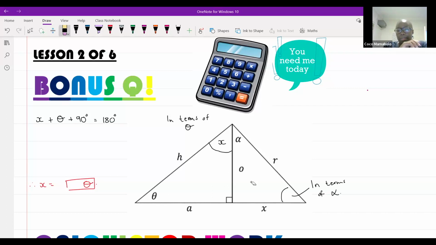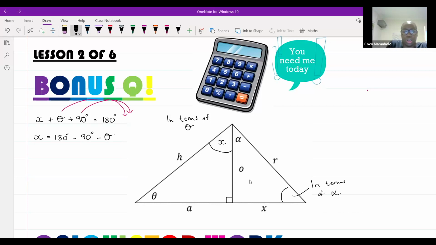We've forgotten basic mathematics. All right, it's okay. Let's have a look quickly. I want x to be the subject of the formula. That's it, princess, 100%. So I'm going to take 90 over to the other side, and I'm going to take theta over to the other side. So what I'm going to end up with is x is equal to 180 degrees minus 90 degrees minus theta.